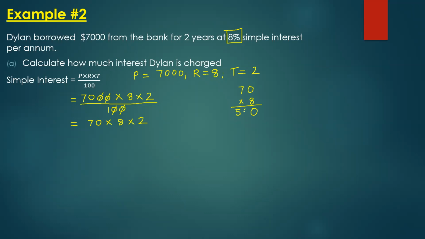So we have 560. So 560 multiplied by 2. It's going to be 560 twice.